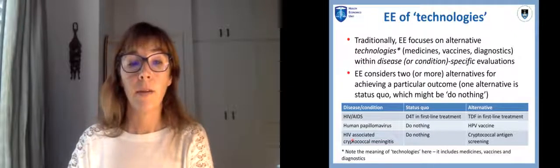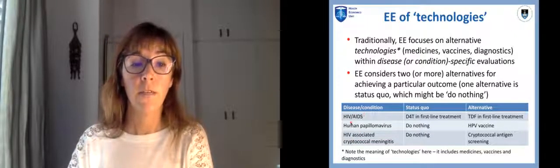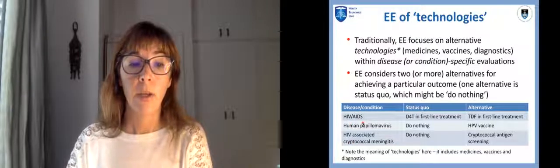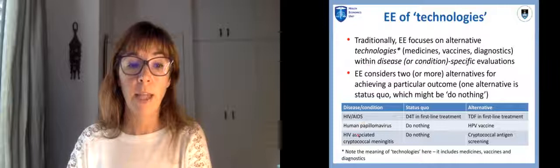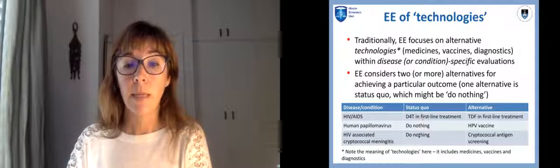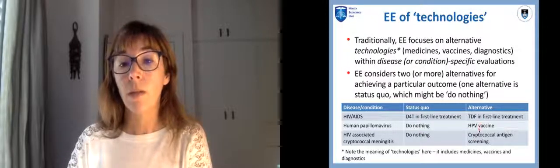So here are 3 examples of different diseases or conditions: HIV/AIDS, human papillomavirus, and HIV-associated cryptococcal meningitis. And these would be the status quo interventions, and these would be the new alternatives that one would be considering.